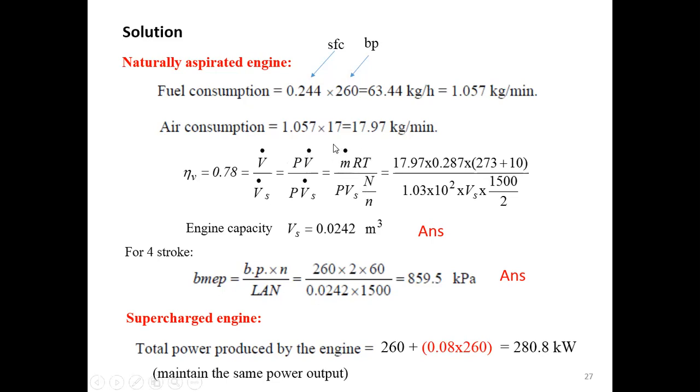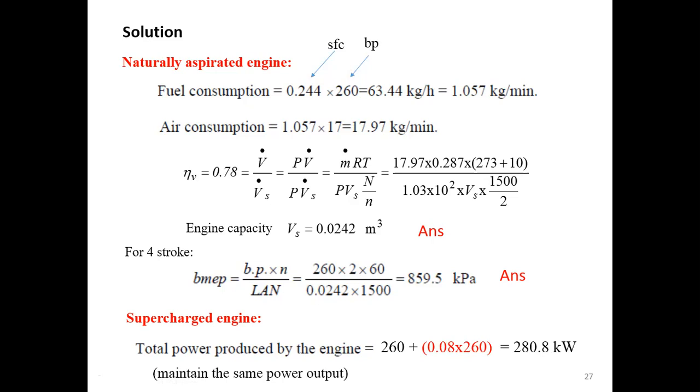We already know the amount of air flow rate or air consumption. We know the gas constant for air. We know the temperature of the air, which is 10 degrees Celsius. So the first term is done. How about the term below? We know the atmospheric pressure of the air, 103 kilopascal.